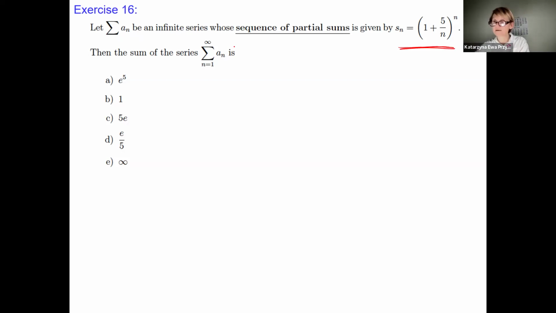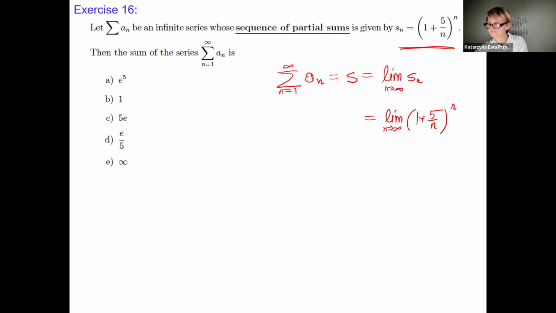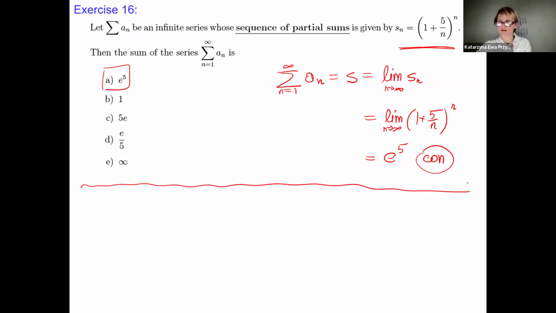If we would like to find the sum, the sum exists and it will be nice to compute the limit. And all of my students know what this limit is. Beautiful, e to the power of 5, convergent. But let me ask you, please be really careful.